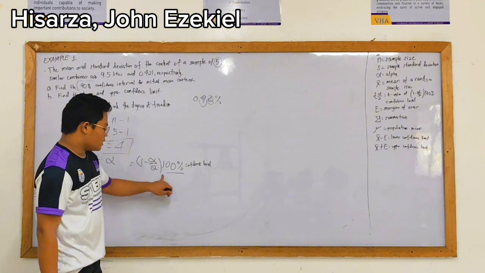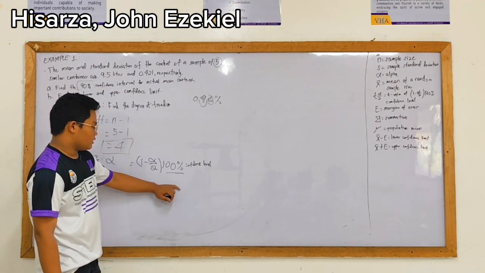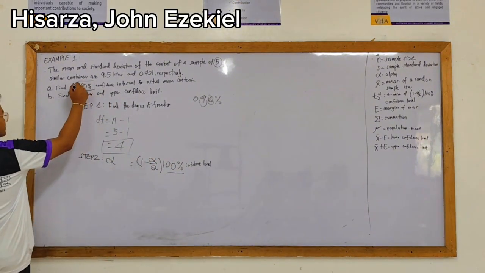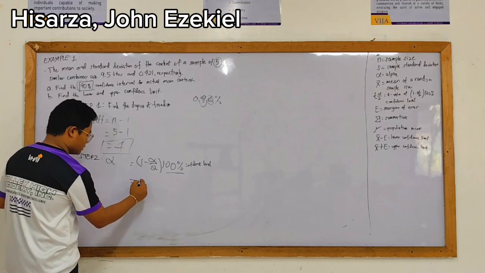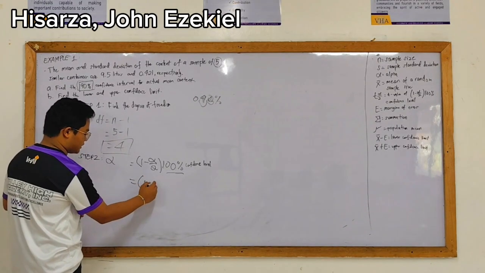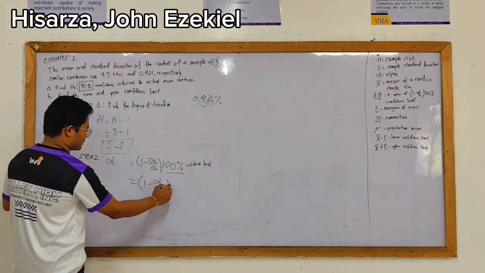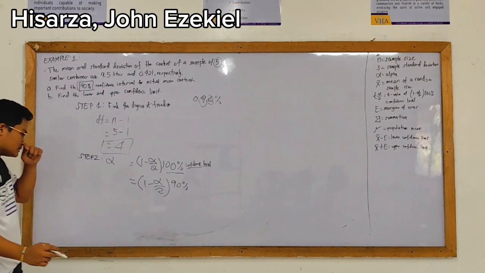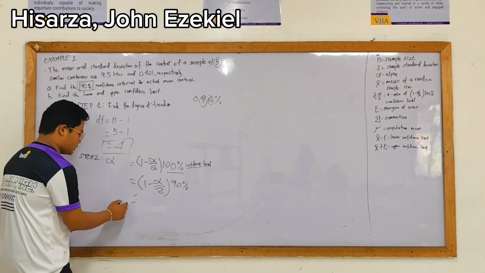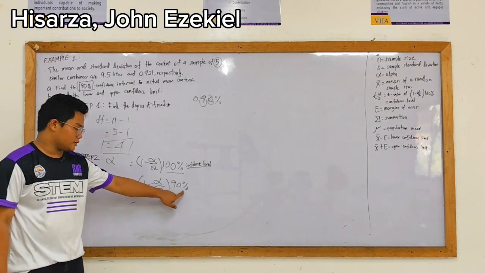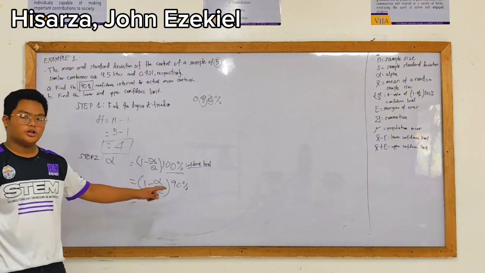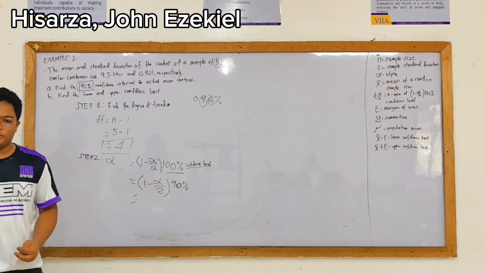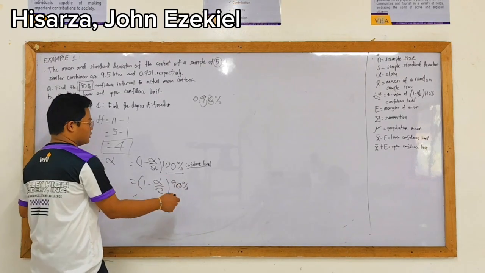So we're going to eliminate the 100, and we're going to use our 90% confidence level. After that, to eliminate the percent sign, we just move our decimal point 2 places to the left.